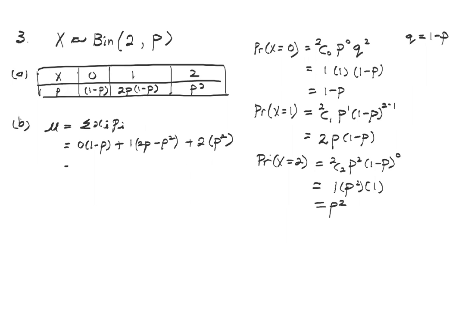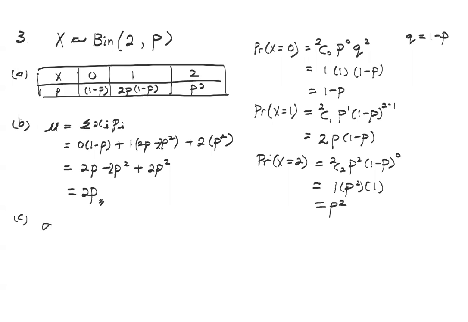So this will end up with 2p minus p squared plus 2p squared. Wait, miss. Oh, here isn't it supposed to have a 2? 2p? Yeah. So I got 2p. That's why I saw my mistake. Okay, so done.